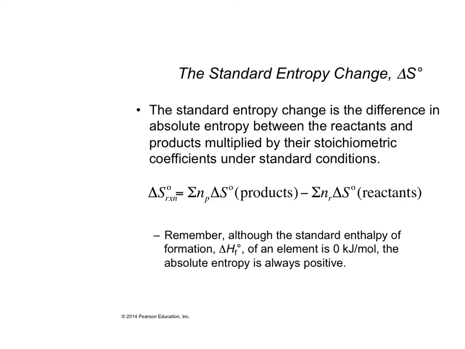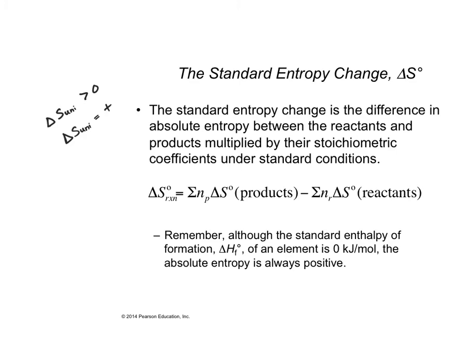So we talked about our new criteria for spontaneity in the universe. Our new criteria for a spontaneous process tells us that the entropy of the universe must what? Entropy of the universe must increase, right? So this always has to be greater than 0. So this delta S of the universe must be a positive value.